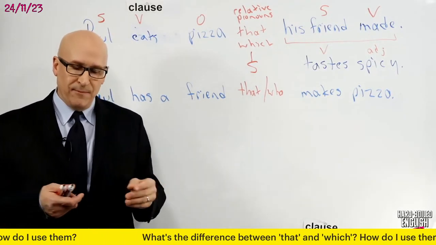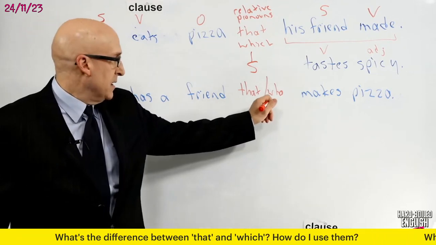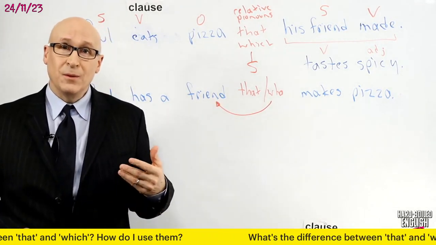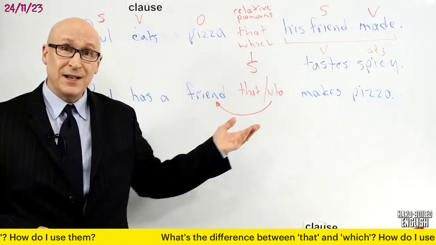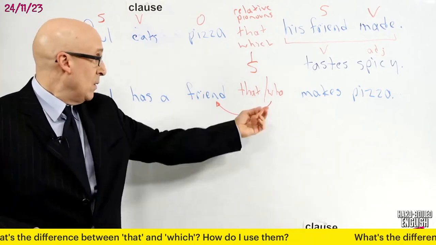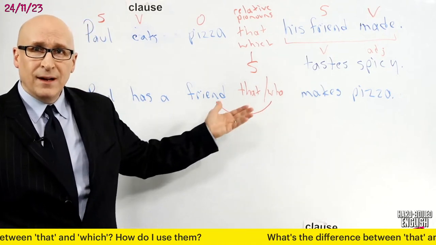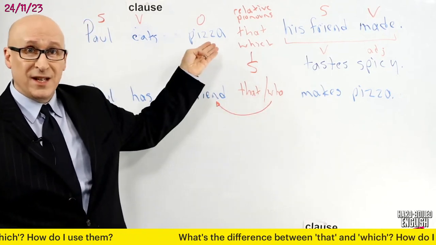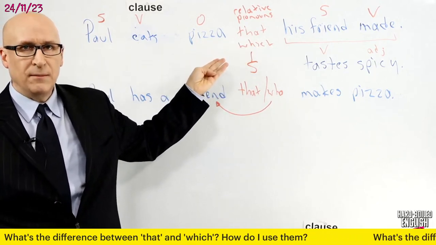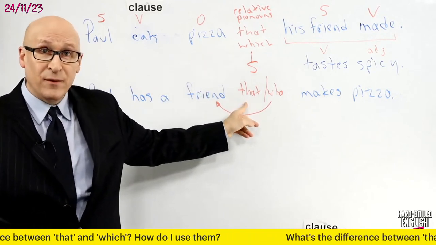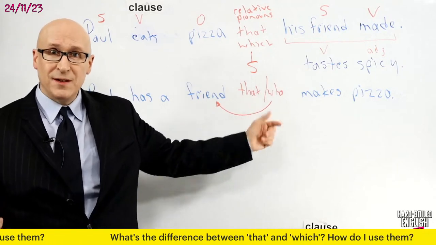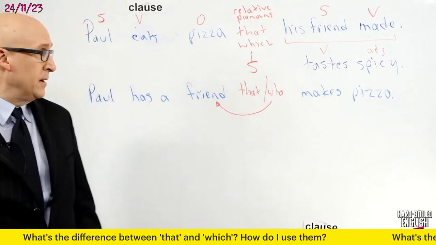But if you ask me, I think it's a little more polite to call humans who, to connect the adjective clause using who. Paul has a friend who makes pizza. Why? Because they're human. And using that choice distinguishes the connector, the relative pronoun, from the object style. You're allowed to say that. It's perfectly grammatical. I just don't think it's the best choice. You have a choice, but think about the choice you make.